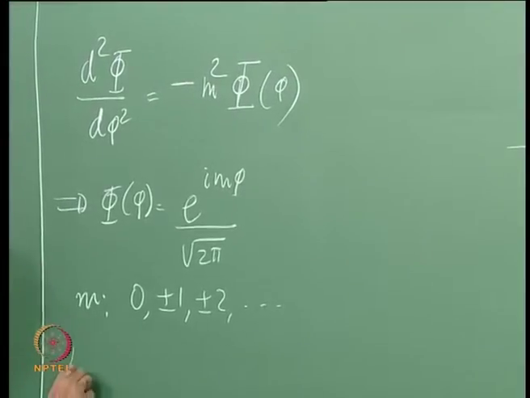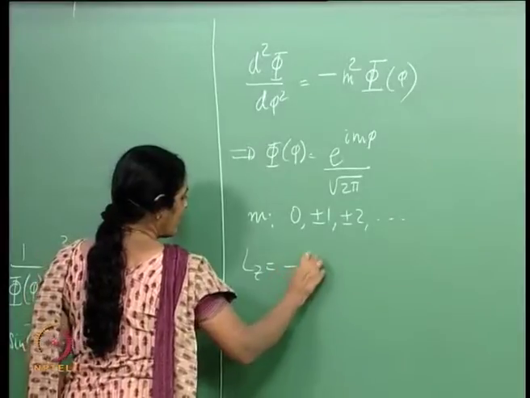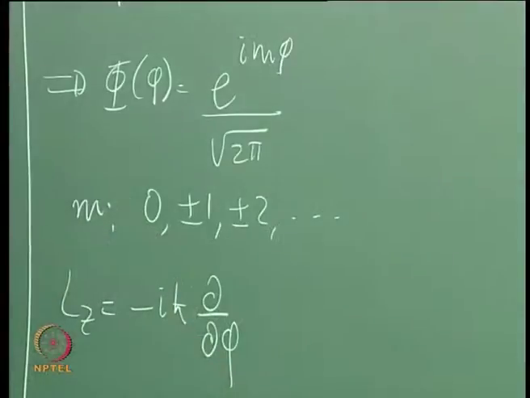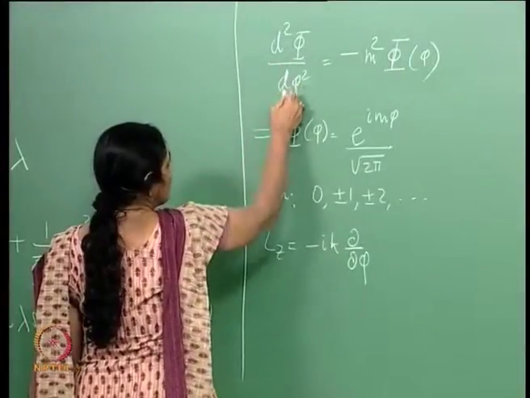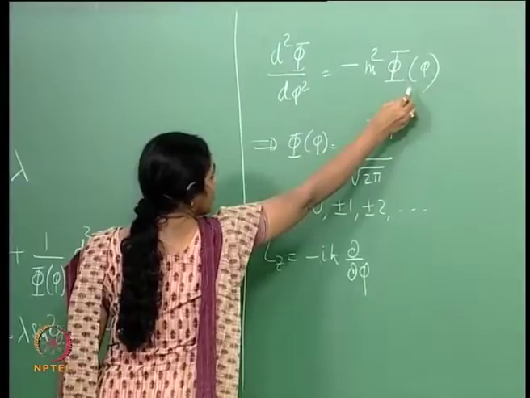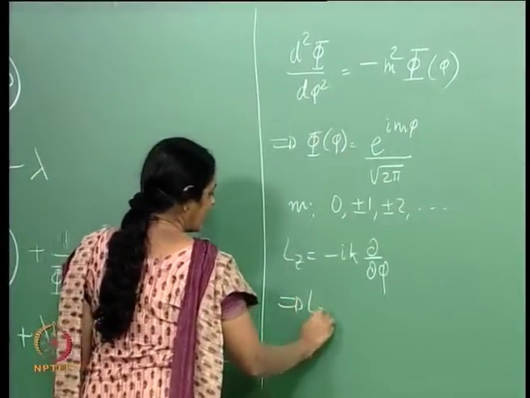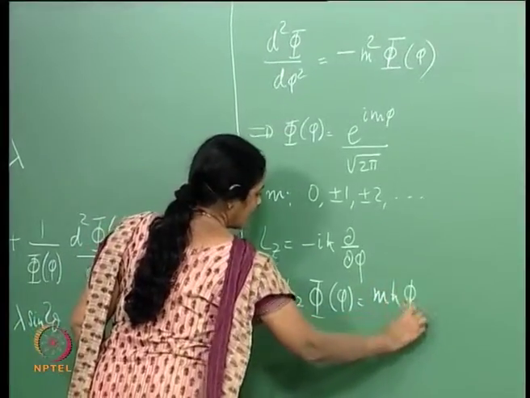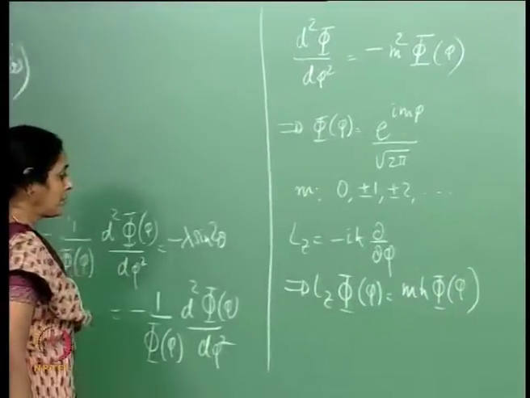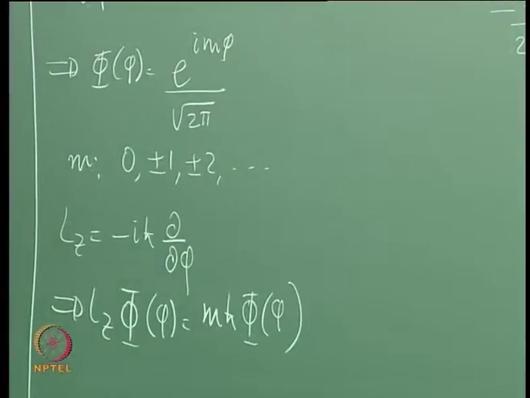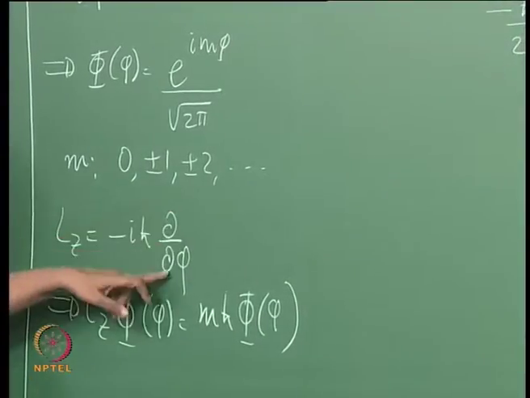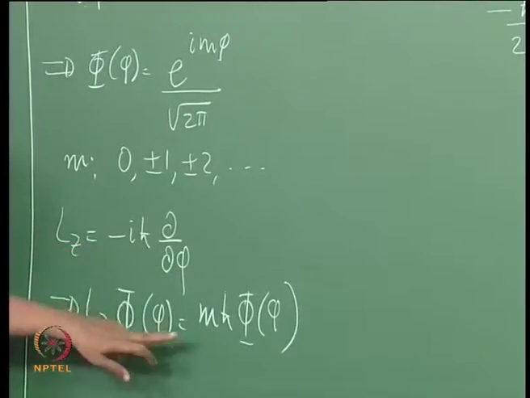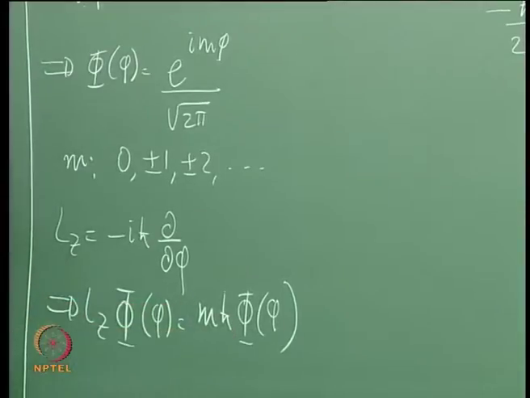You will recall that Lz is minus I h cross delta by delta phi in spherical polars. Therefore, d2 phi by d phi squared is minus m squared phi of phi, implies that Lz phi of phi is m h cross phi of phi. So, delta 2 by delta phi squared, pull out the minus I h cross out here, and you get this.